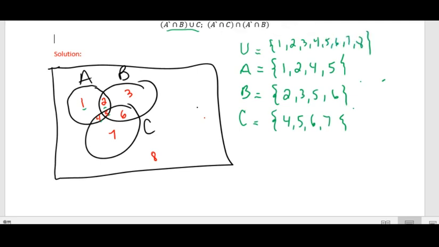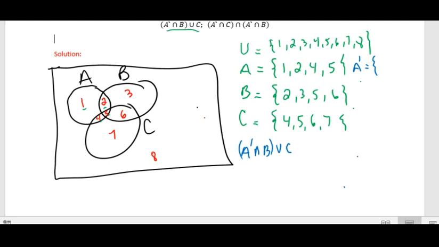So what we can do next is figure out each part here. So I have A complement intersected with B, union C. Since I'm going to need the complement, I'm going to go ahead and find it.